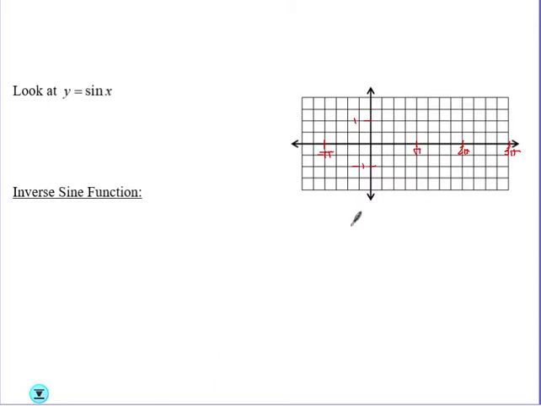The sine curve we know starts at 0, and I'm going to continue this pattern. If I connect these points, here is my sine curve.